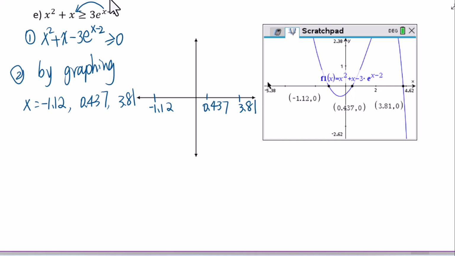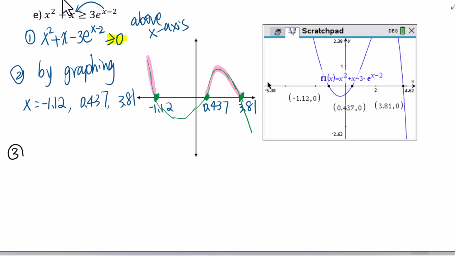Then we sketch the graph like this. Since we have an equal sign, this is a closed circle. Greater than or equal to 0 means above the x-axis. So basically, this and this are the solution.